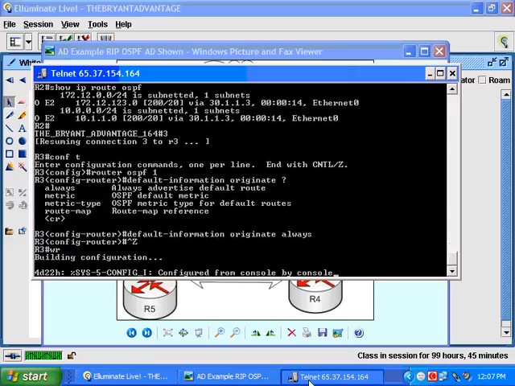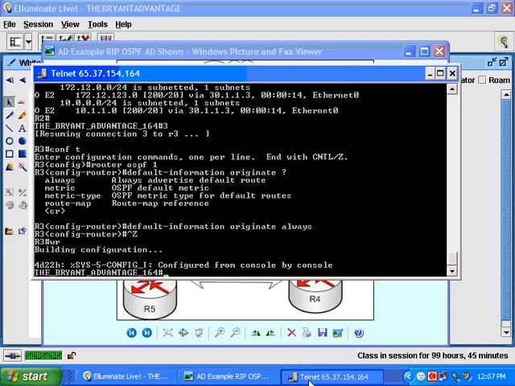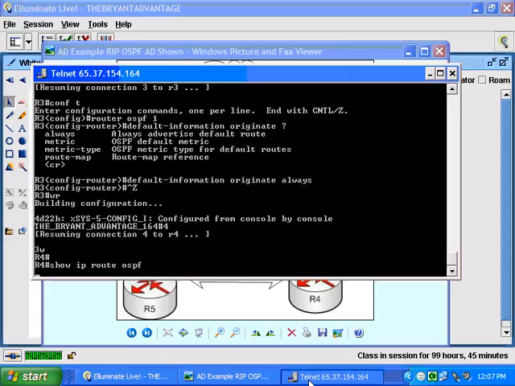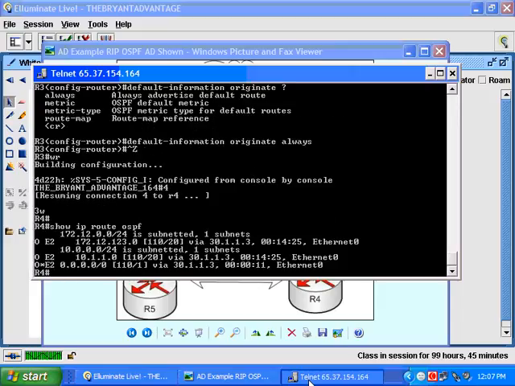And now the other OSPF routers will have a default route in their table pointing to who? Who are they going to point to? They're going to point to 30.1.1.3 as the default gateway. And you can see here again we've got a default route, and notice that's marked as E2 because it's really considered a connected route on router 3.